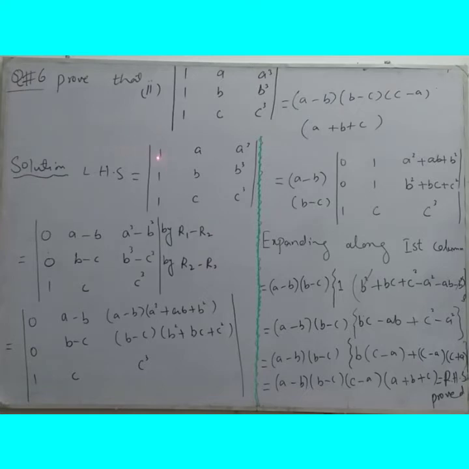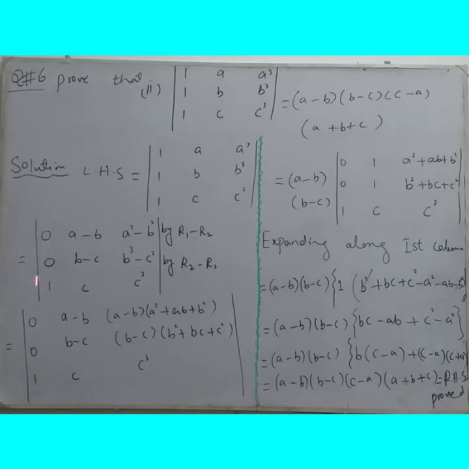Now 1 minus 1 is 0, a minus b, a cube minus b cube. Similarly for the next, b minus c, we will subtract the third row from the second, writing R2 minus R3. So we have 1 minus 1 is 0, b minus c, b cube minus c cube, and the third row is as it is: 1, c, c cube.